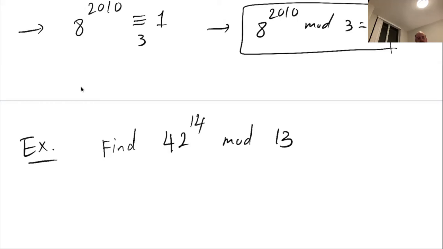Again, this notation means we want to find the remainder of 42 to power 14 when it's divided by 15.